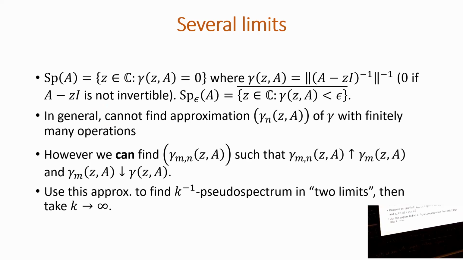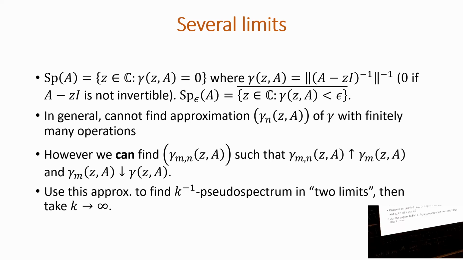So this is a uniform procedure to find the spectrum. We cannot actually approximate in one limit the resolvent, which is just this inverse norm here, but we can find this doubly indexed approximation, which will converge in successive limits, and we can use this to find the pseudospectrum.